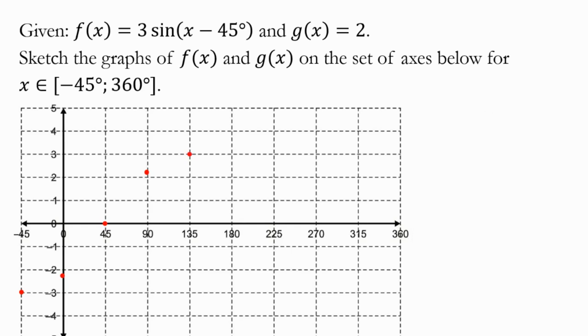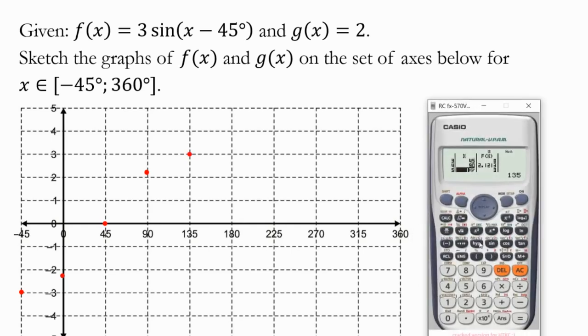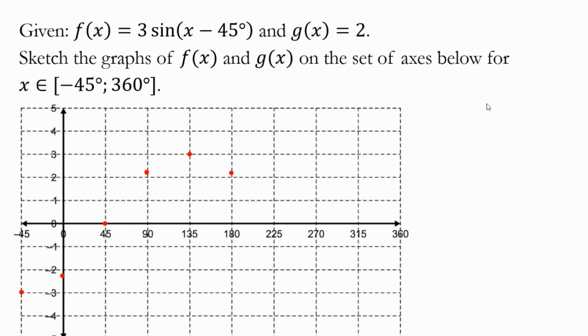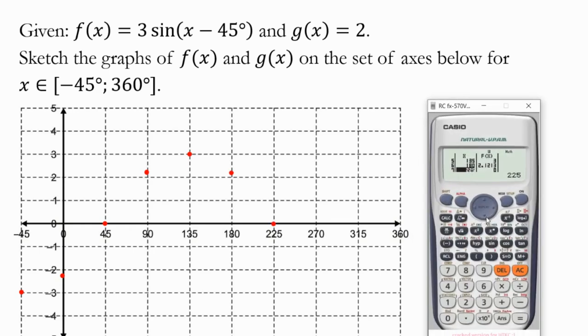Then we have like that. We do all of them like that, isn't it? 180 is 2.12. 225 is 0. Let me do those 2 points, this one and this one. And then after 225, we have 270, negative 2.12. 315 is negative 3.